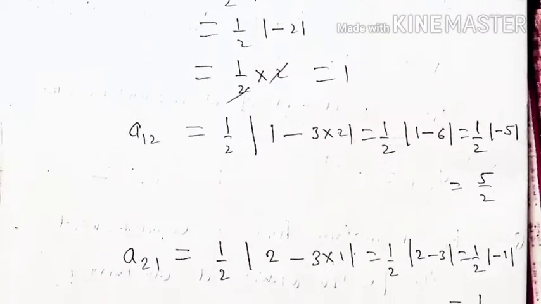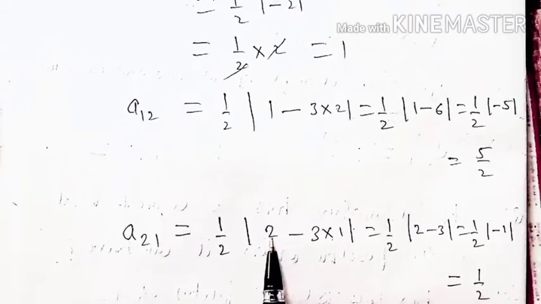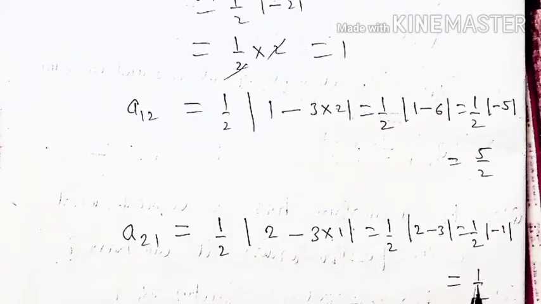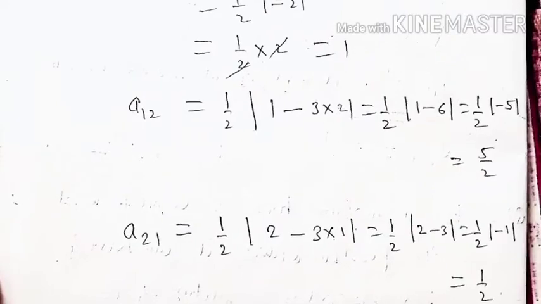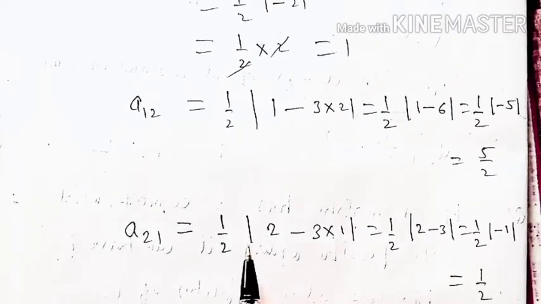A21 can be found as follows: we put 2 in place of i and 1 in place of j, and after simplification we have 1 by 2 as A21. Now A22 we can find in the above manner.